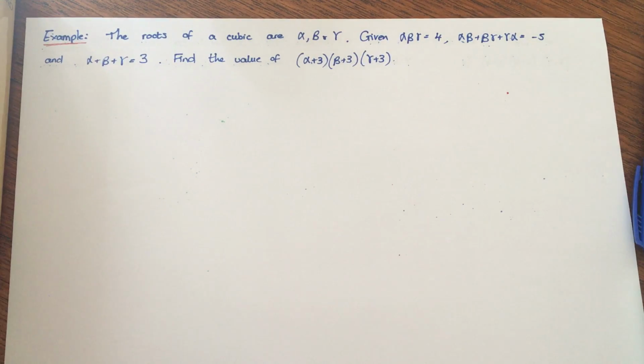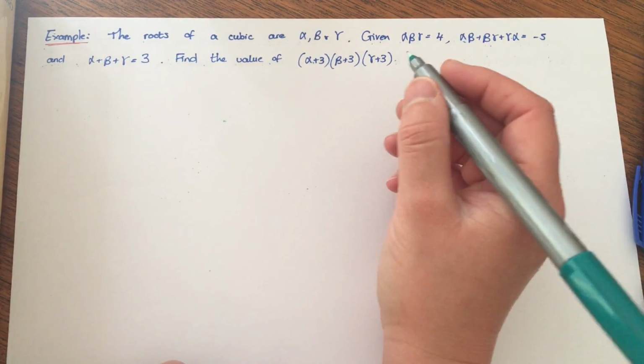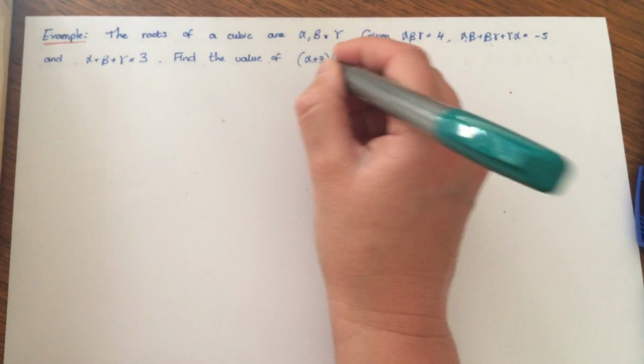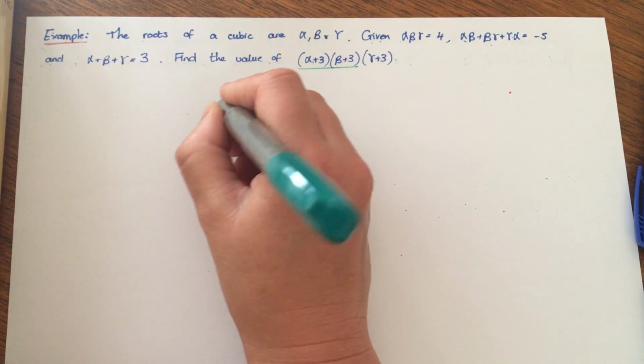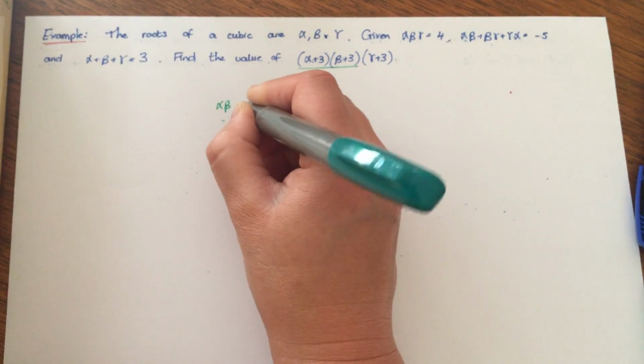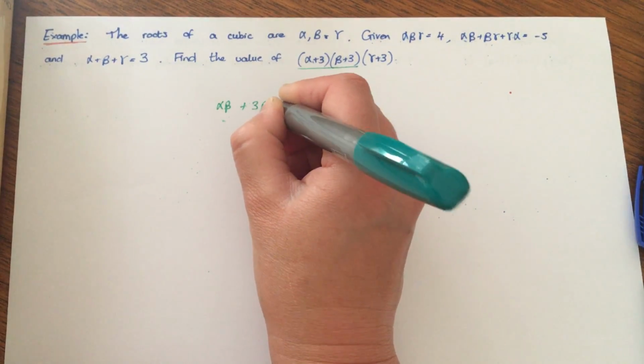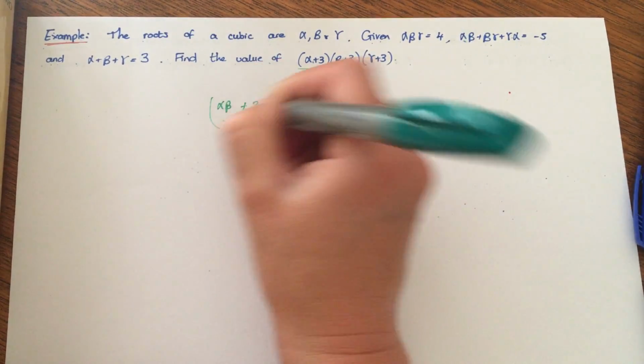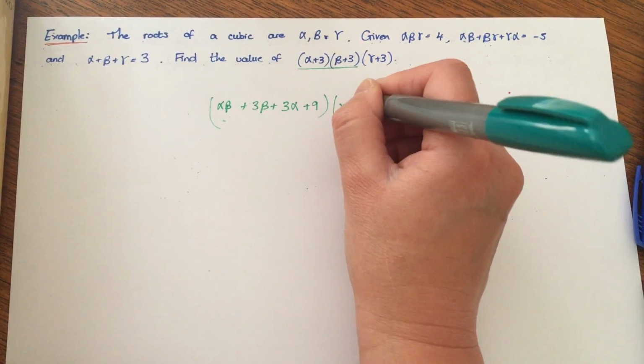Now, the way we're going to start by doing it is by just multiplying it out. So if I times these two together, I'm going to get alpha beta plus 3 beta plus 3 alpha plus 9, which I then need to times by gamma plus 3.